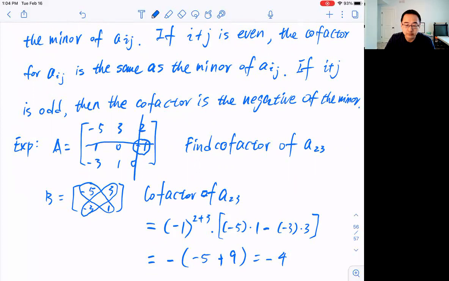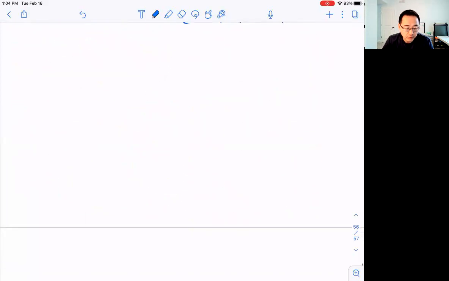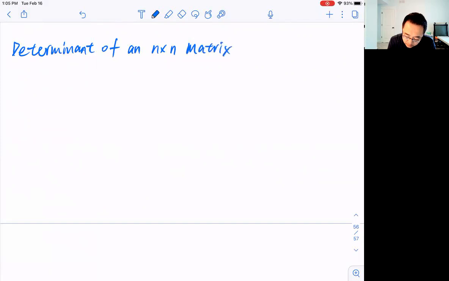Now let's look at how to find the determinant of an n by n matrix. So we're moving on from a 2 by 2.